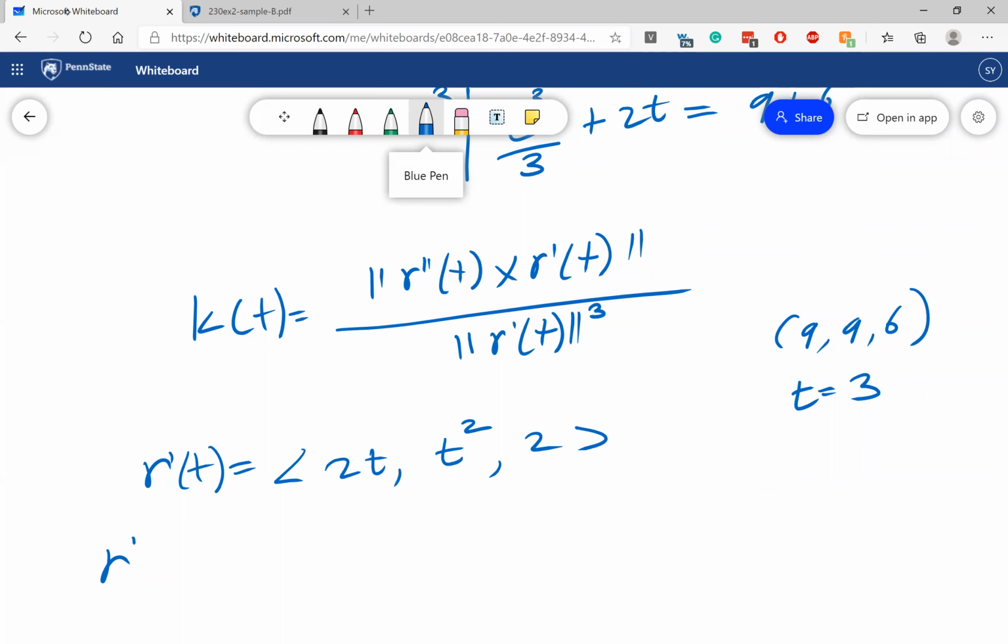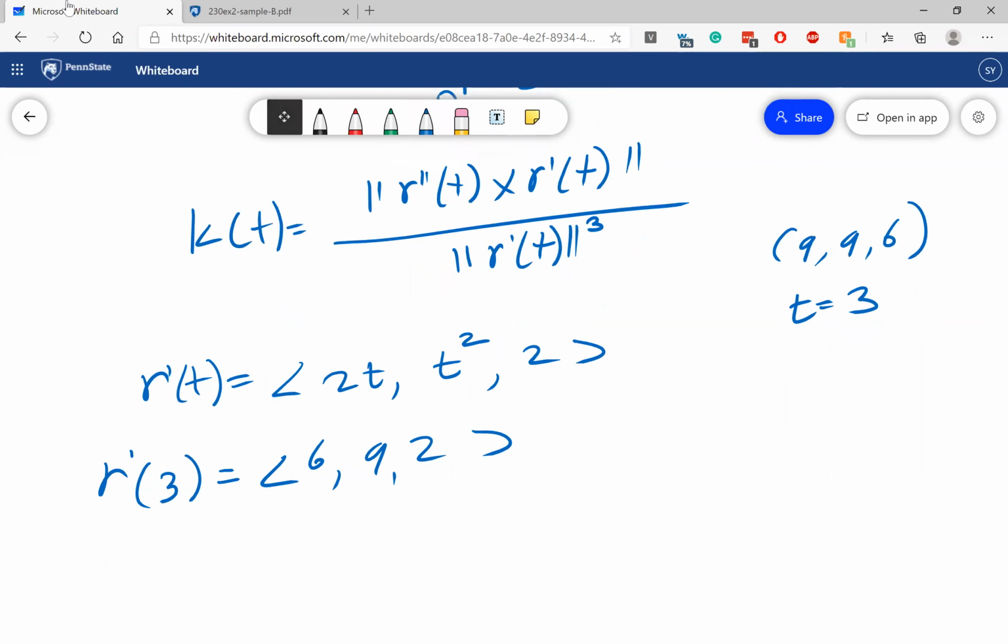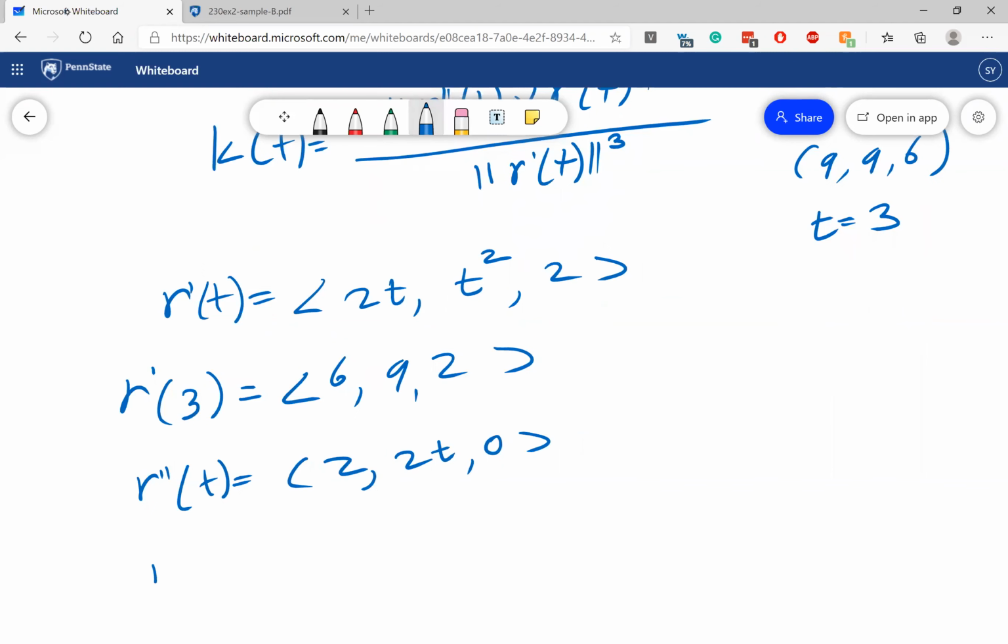So r prime at 3 is going to be equal to 6, 9, 2. Okay, r double prime is equal to 2, 2t, and 0. So r double prime at 3 is going to be equal to 2, 6, 0.